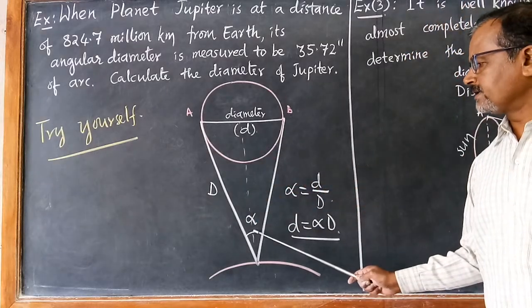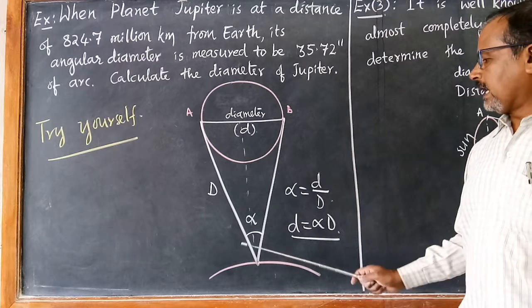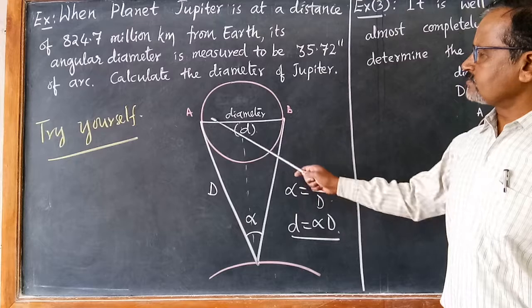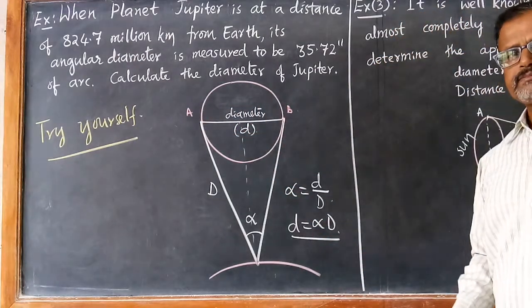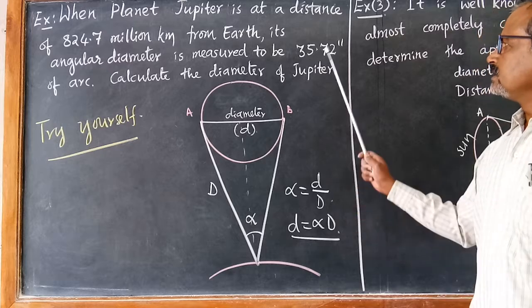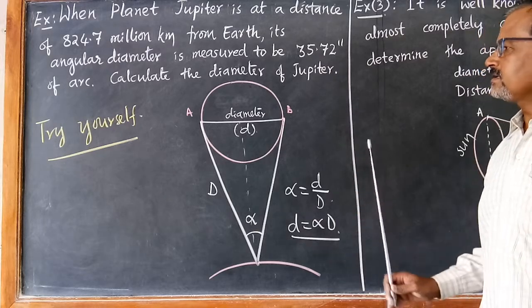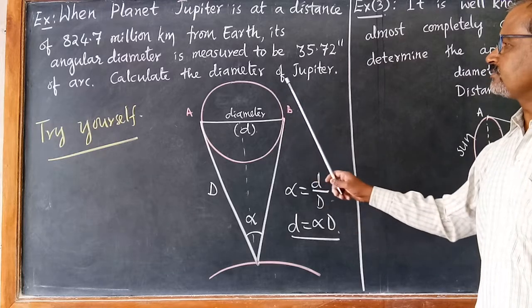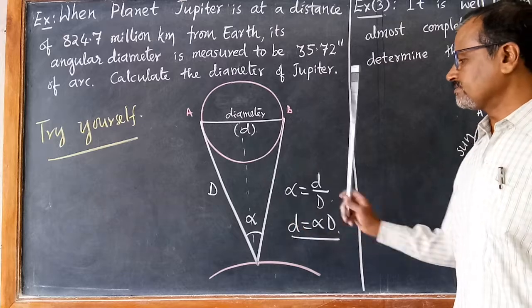So angular diameter is given 35.72 seconds, and the distance of Jupiter is given 824.7 million kilometers. Express it in meters. Express this seconds of angle in radians, and calculate the diameter of Jupiter.